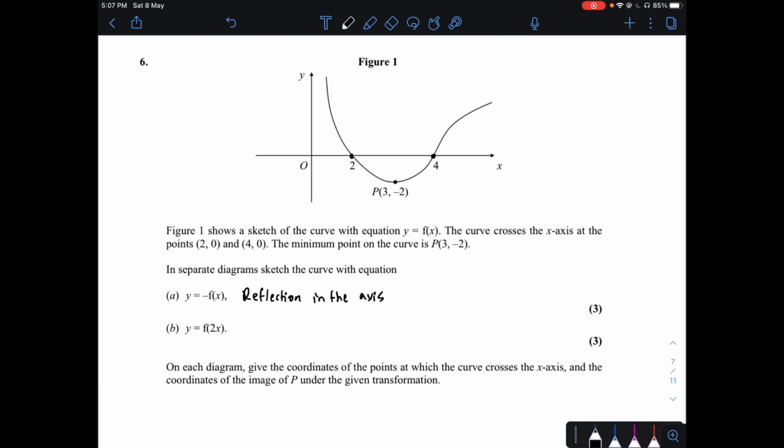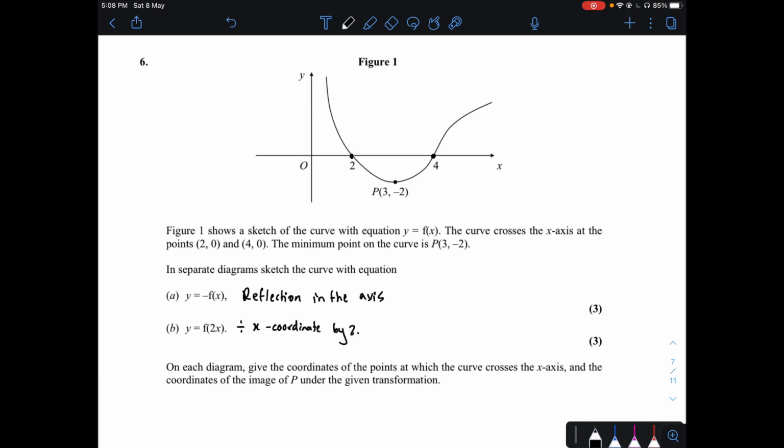By rule of thumb, whatever we do inside the bracket, we're actually doing the opposite to the diagram. So if it says 2x here, in the real thing it's a stretch, so I'm dividing the x coordinates by 2.